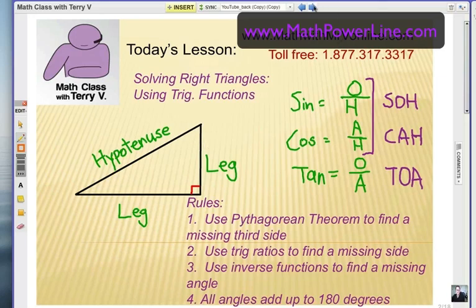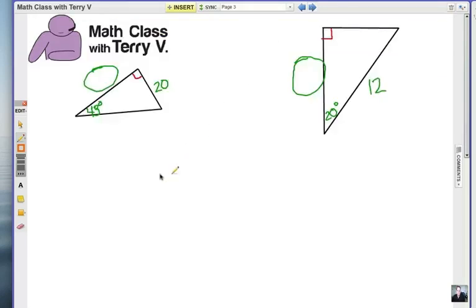Alright, let's take a look at two examples for you to try. Here we have on the left a right triangle, of course. There's a leg that's 20. We're looking for the other missing leg. The 43-degree angle there is all we know, and we don't even care that the hypotenuse is missing. Alright, so let's start with this one, and the idea is to label this information that you know.